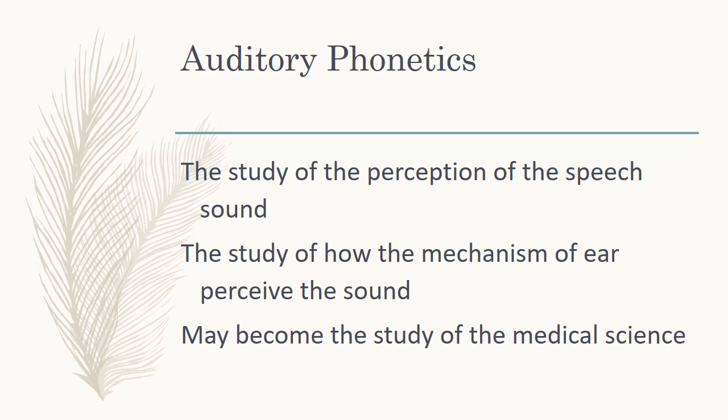Okay, so it's also dealing with biological things, nerve things, psychological things of the human ear. That's why it's discussed a lot in psychology class, medical science class or biology class.